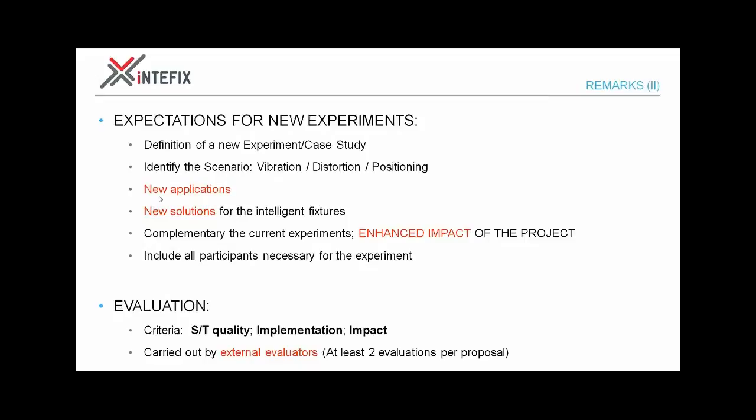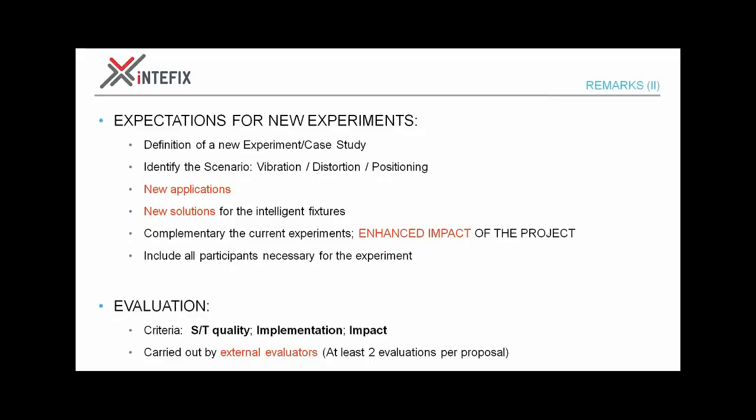Okay, so you have to make clear the difference between what you are proposing and what already exists in the project. That's why I have made the long explanation of the different case studies. I cannot be more explicit because there is some protected information that I cannot publish now. But you have to take this into account.